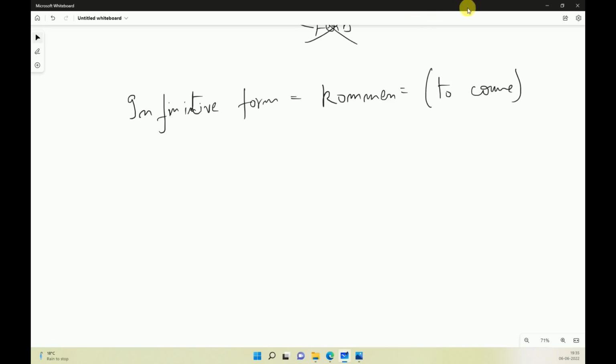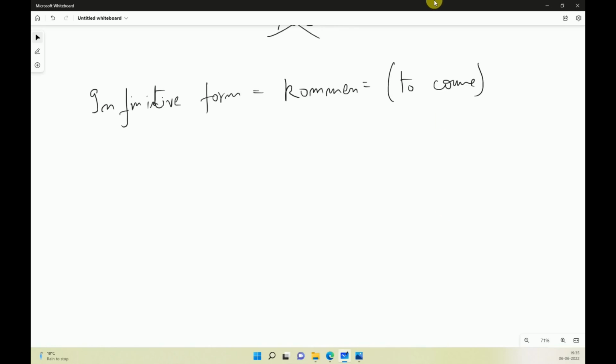Now again, there is a drastic difference between English and German. Let's say if I were to say I come, you come, we come, you all come, we all will come. So the come is always the same, C-O-M-E. However, when we talk in German, it changes depending on the situation.